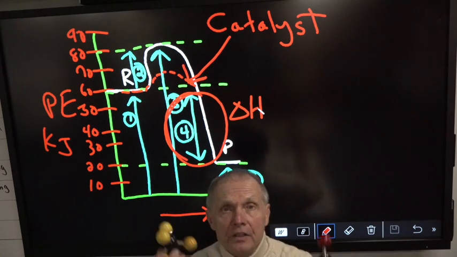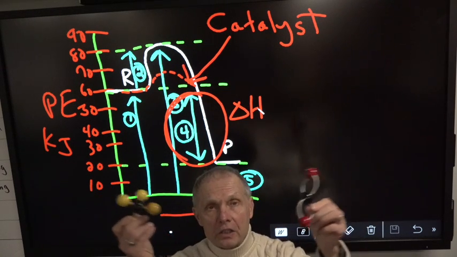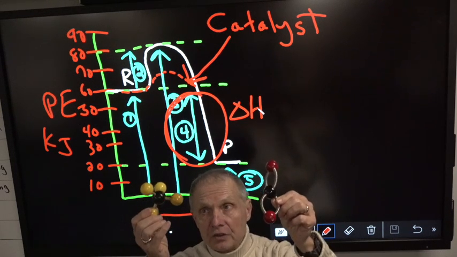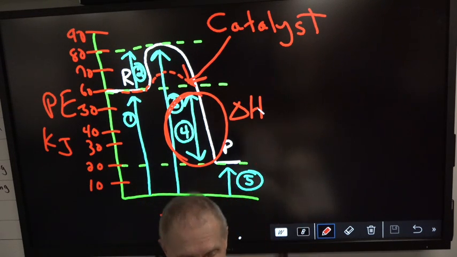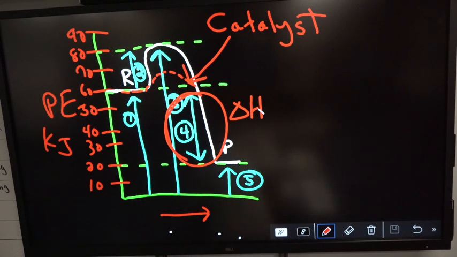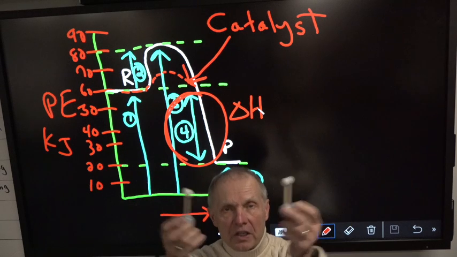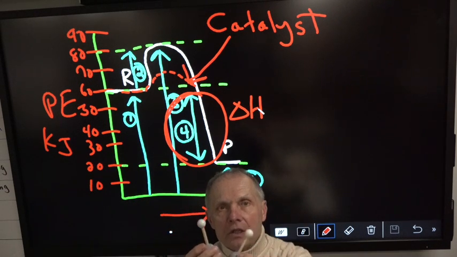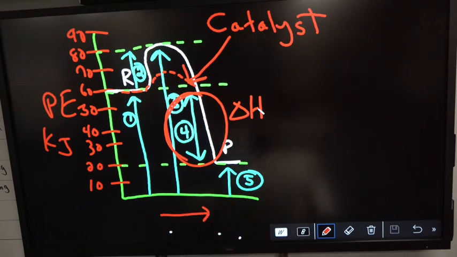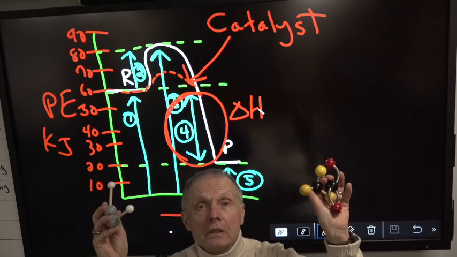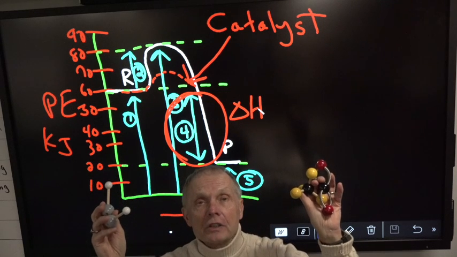Let's say these two molecules are going to collide and there's going to be a chemical reaction. Right? These two. That's methane and CO2. Then I have these two, HI and HI. They're going to collide and make a chemical reaction. So my question to my students would be, which reaction would actually go faster?